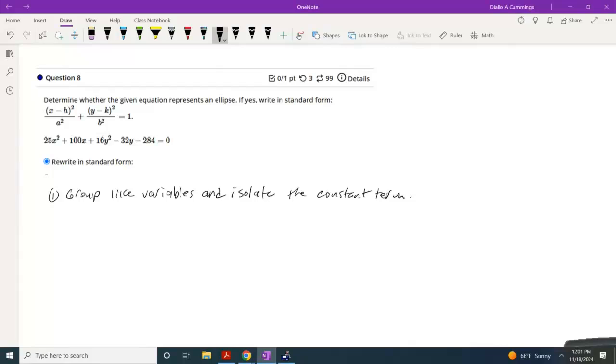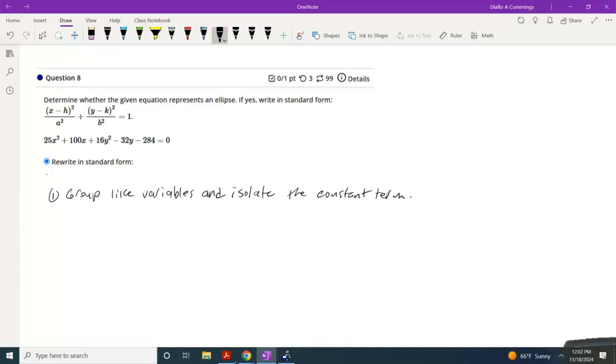Remember, a constant is just a number. There are no variables or anything attached. So when I say isolate, that means I want to put my constant on the other side of my equation, and everything else is going to stay on one side. And along with that, I'm going to group my like variables.